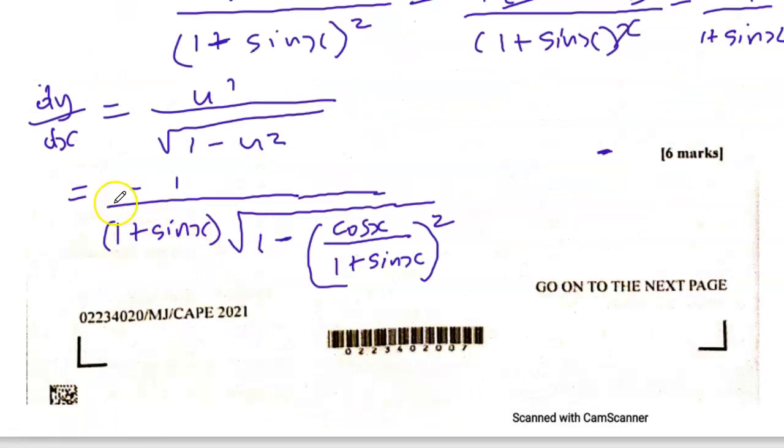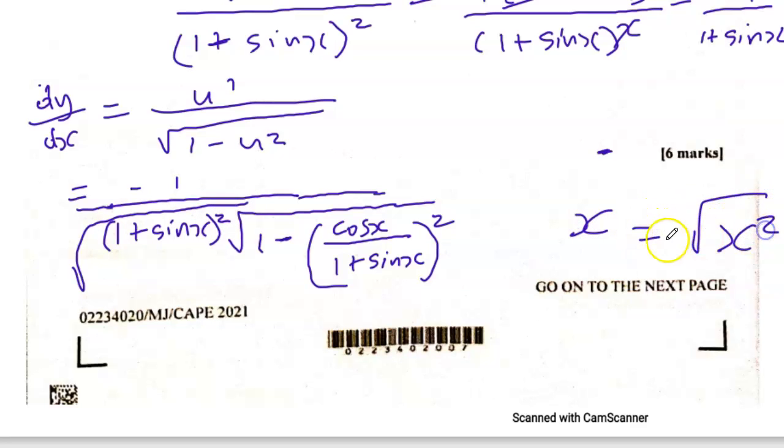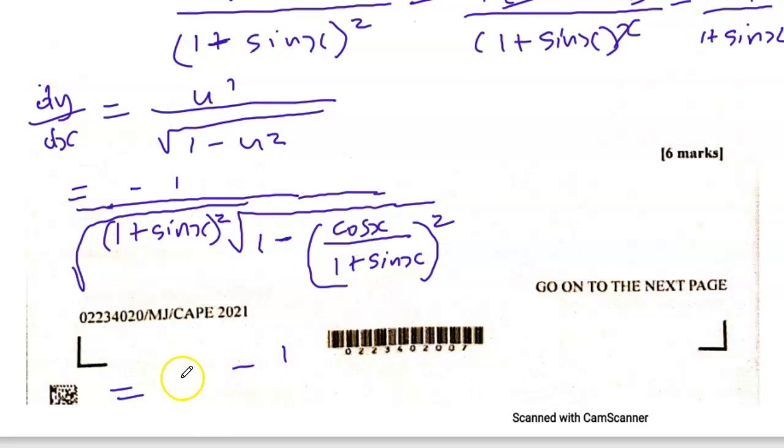Alright, so a little trick we could use is to rewrite the 1 plus sine x as root of (1 plus sine x) all squared. So remember, for example, we can write x as root x squared. Same idea, we square it and then root it. And then below we have root (1 plus sine x) all squared times root of the other bracket. We'll end up with negative 1 over root (1 plus sine x) squared times 1 minus... that's 1 plus sine x squared, that's root.